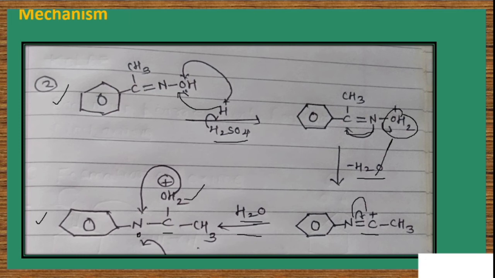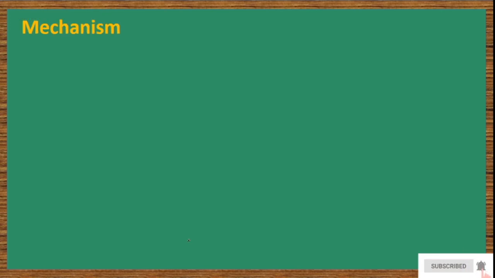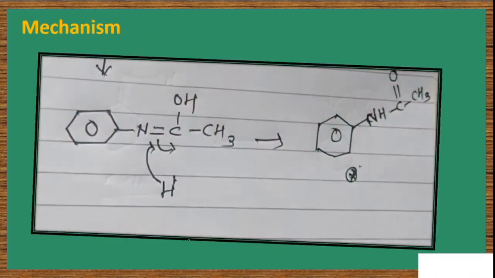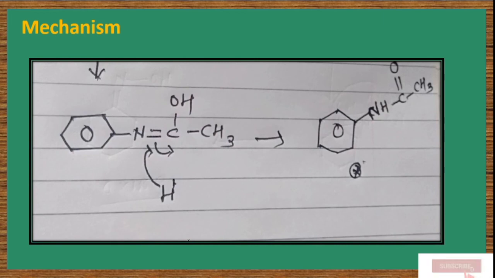Further, this reaction proceeds after the abstraction of hydrogen from the protonation reaction, and then an amide group is formed. In the final step of this reaction, the hydrogen is abstracted, the double bond between nitrogen and carbon breaks, and one hydrogen adds to nitrogen.